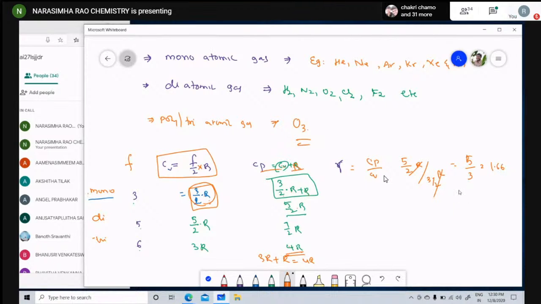It's clear? ఇప్పుడు నాకు కావాల్సింది ఇది. For monoatomic gases, gamma is 1.66. This is important for NEET.